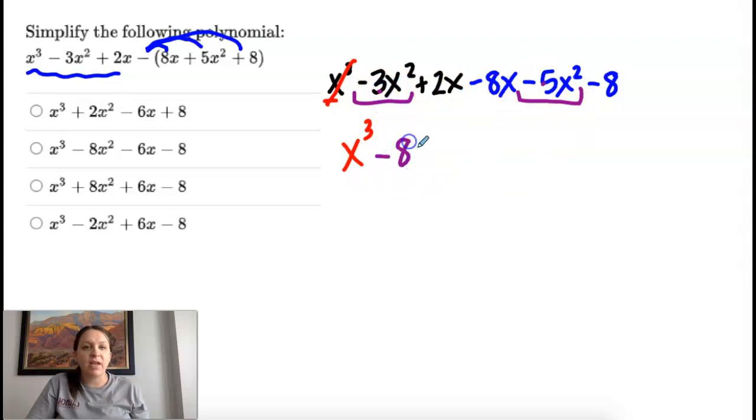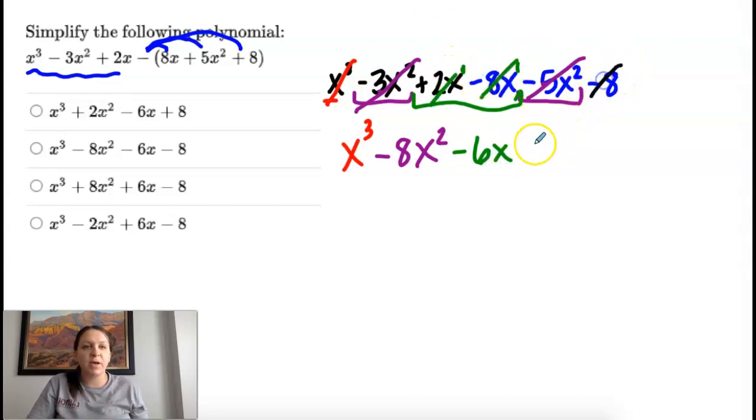So negative 8x squared. And those are combined. And I'm going to just keep going in descending order. Now I'm looking for degree of 1. So they're right here. 2 minus 8. Negative 6. And then this negative 8 is left. There's nothing to combine it with, so I'm just going to bring it down.